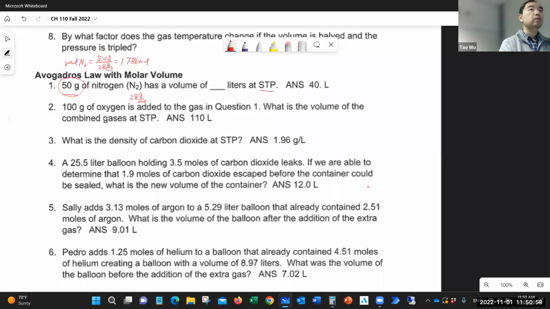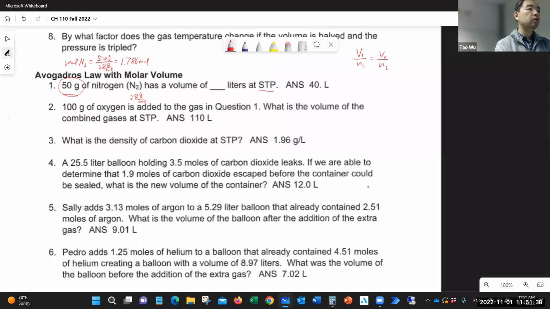Okay, we got the moles of this, and we try to figure out what is the volume at STP. Now you have 2 different ways to solve the problem. We can base it on Avogadro's law, or we can just use the 22.4 liter per mole at STP condition. If you're using Avogadro's law, then V1 over N1 equals V2 over N2, right? So you can see the relation.